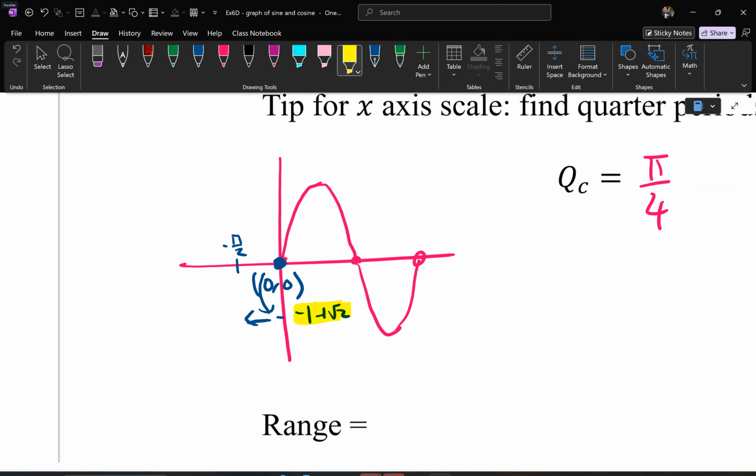What's √2 roughly? Don't have to be exact, you can just guess it. Roughly, because root of 1 is 1, and root of 4 is 2, so √2 must be closer to 1, but it must be bigger than 1. So if I took -1 plus something that's greater than 1, am I going to get a positive number or a negative number?